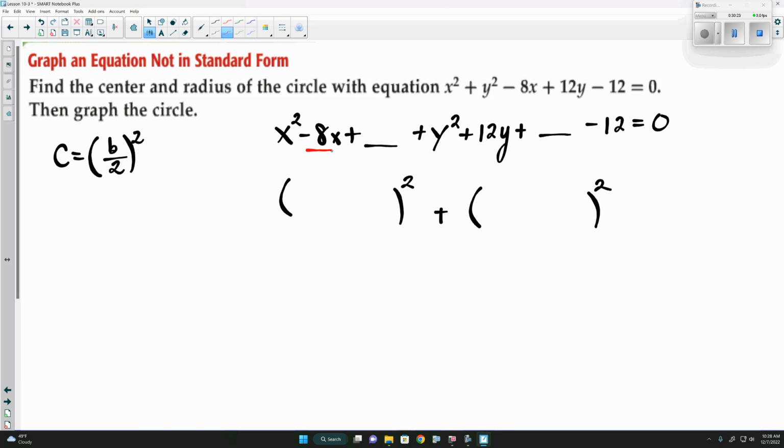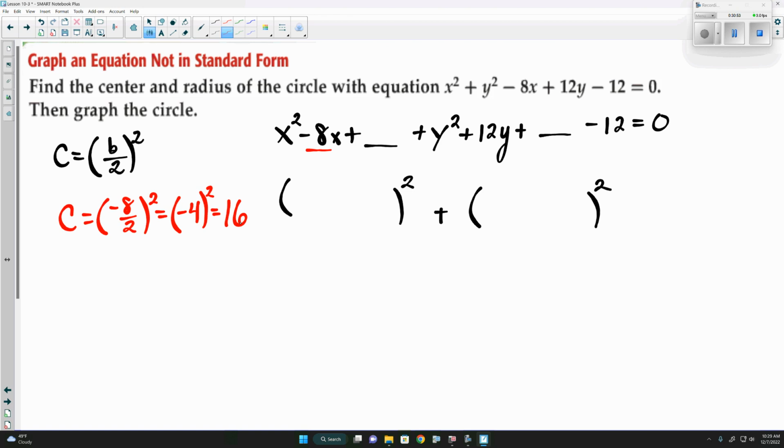So for this one here, -8 is our b. So c is equal to (-8 over 2) squared. Now at this point, we could plug it all into the calculator, but it's good to at least write this first one out. -8 divided by 2 is -4. -4 squared is positive 16.